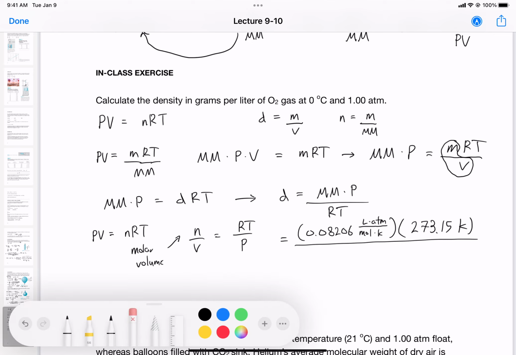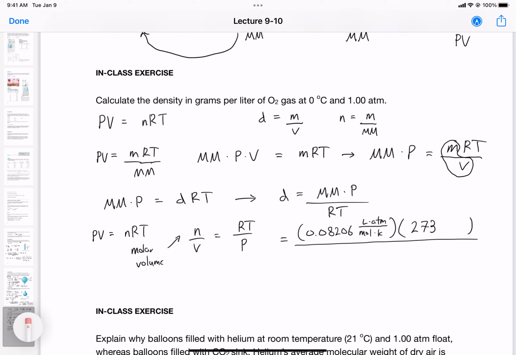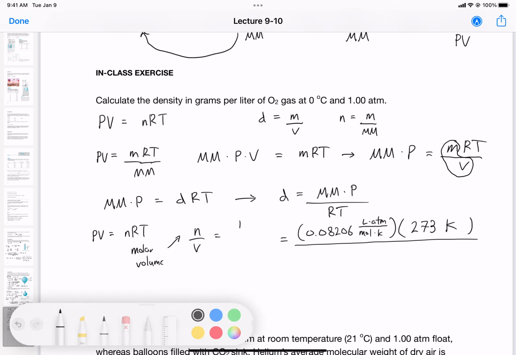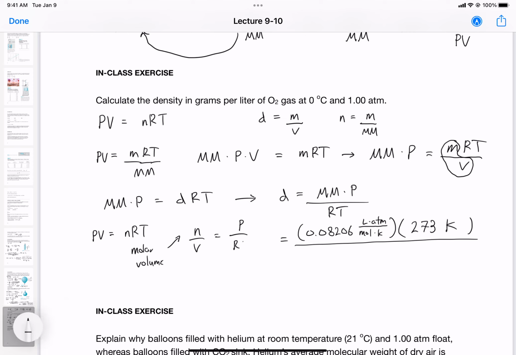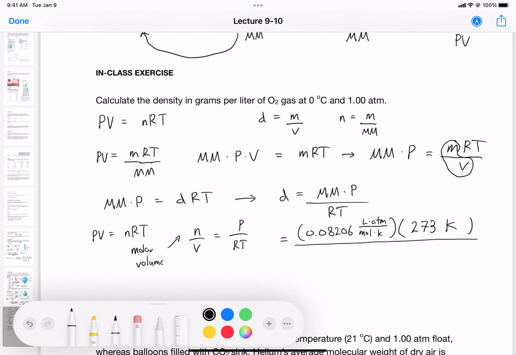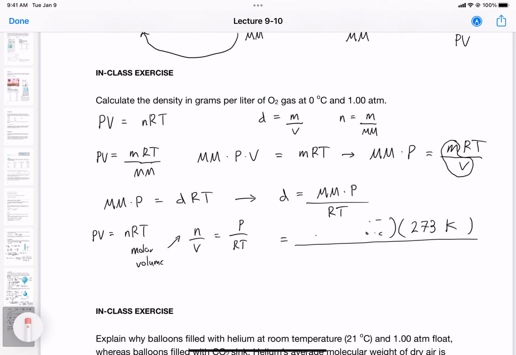Actually in this example I used 273 Kelvin, so let's just keep it at 273. Oh, sorry, I did it backwards. It should be the other way around. My apologies. So it should actually be n over V, which is P over RT. Right? Yeah, so P over RT. So, whoops. Let's just flip that over here.